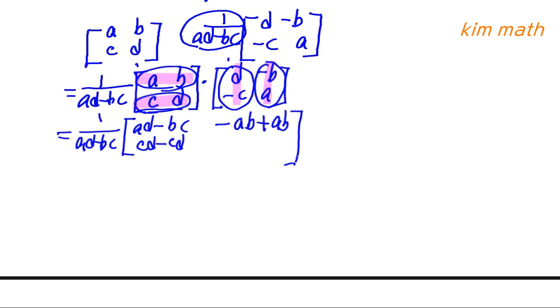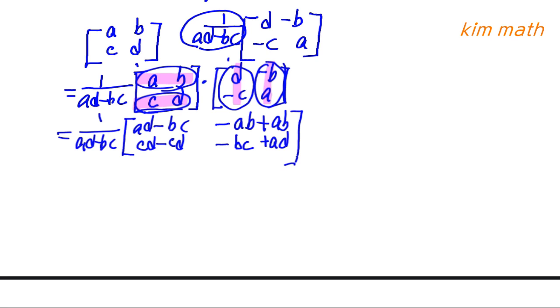How about this and this? Negative BC plus AD. Is that okay?